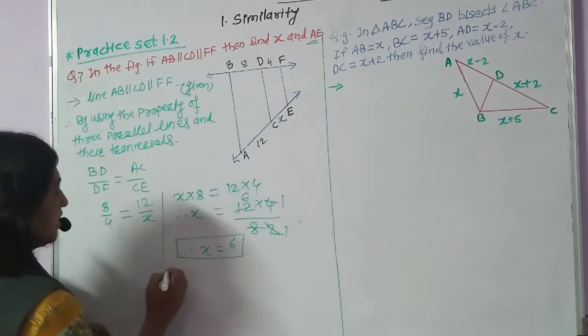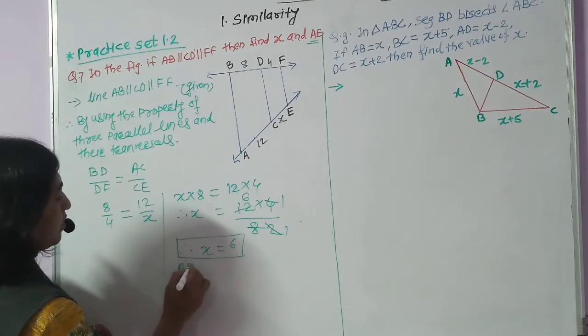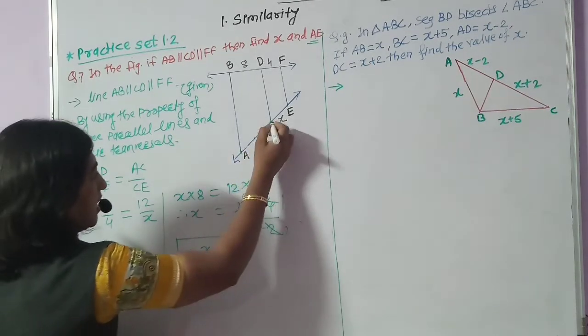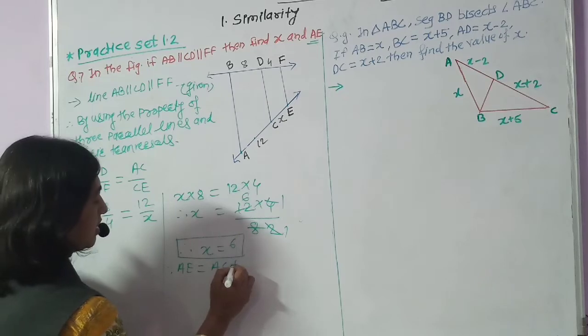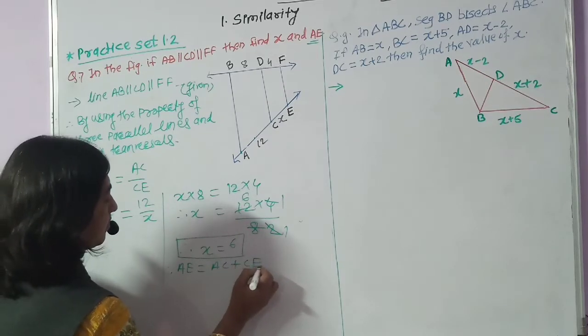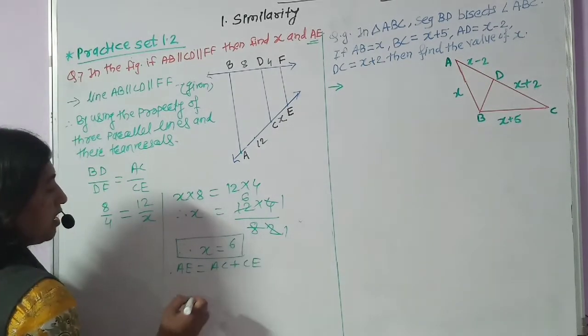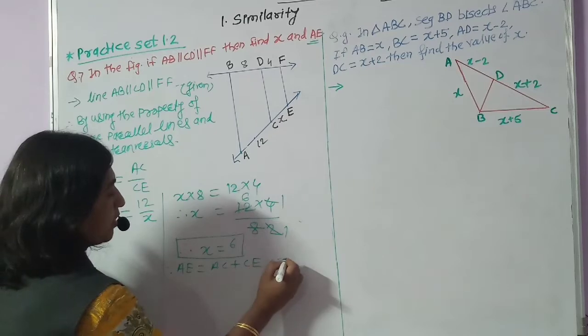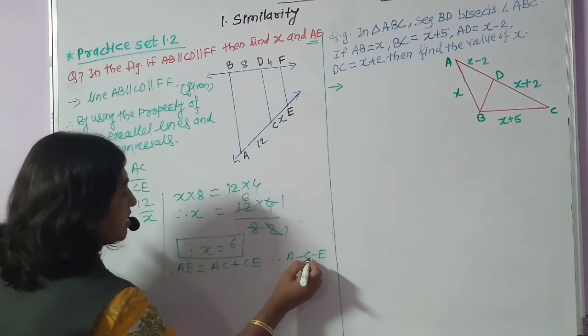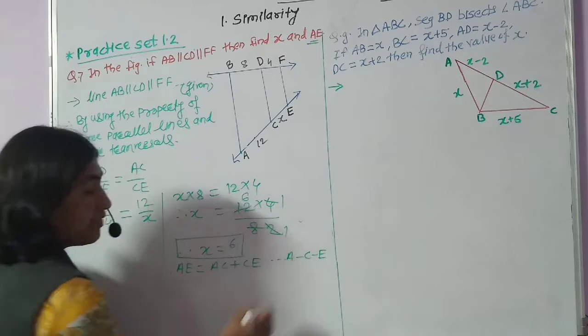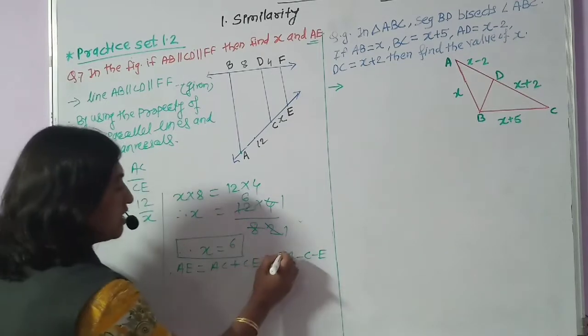Therefore AE equals AC plus CE, because A-C-E means C is the point which lies between the points A and E.